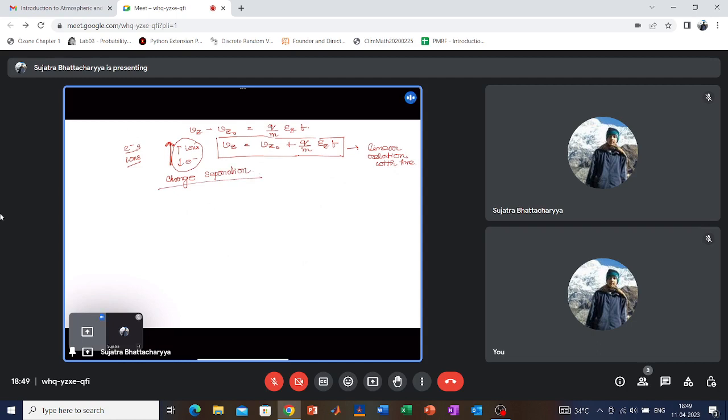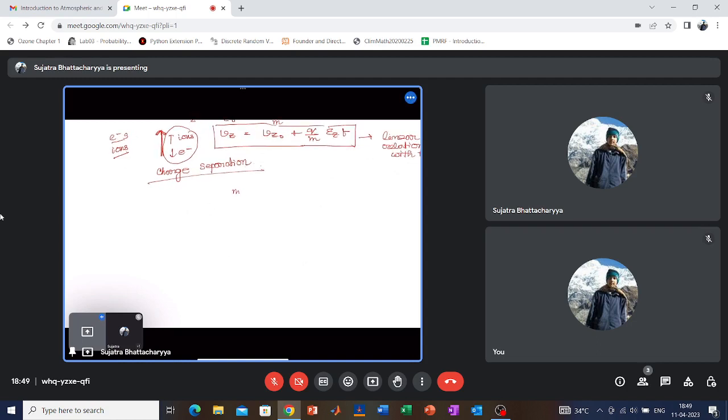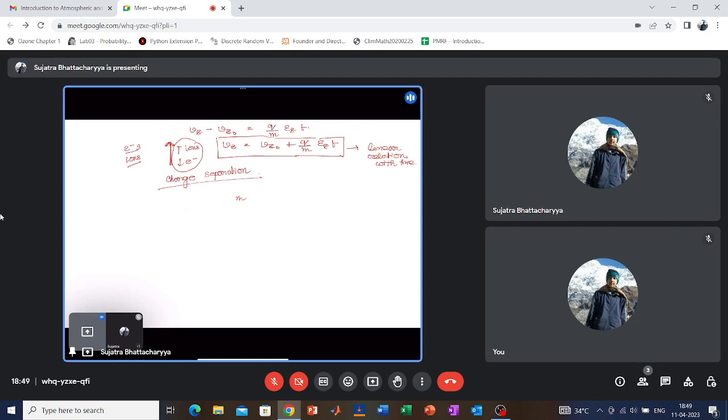Another thing which I will show you is about the energy. If you write the momentum equation, m dv dt equals q into E, full vector form is this.